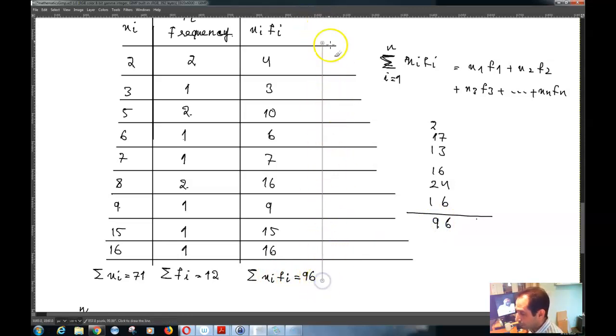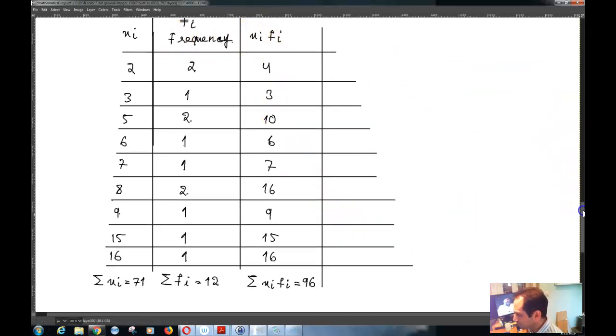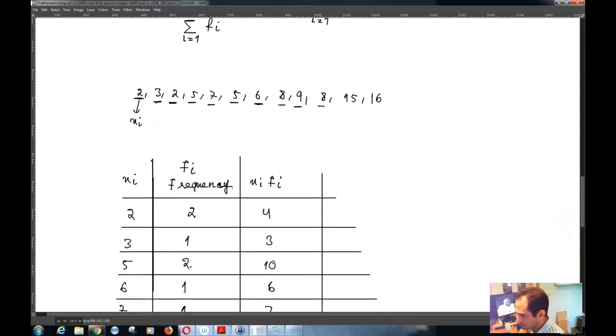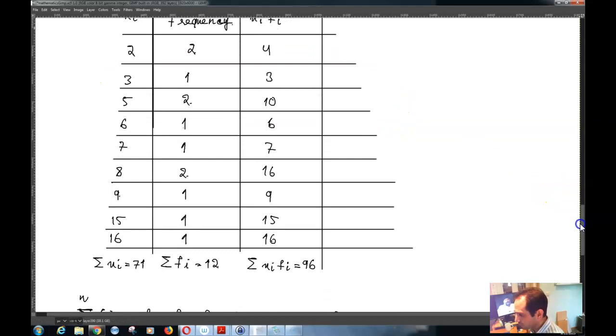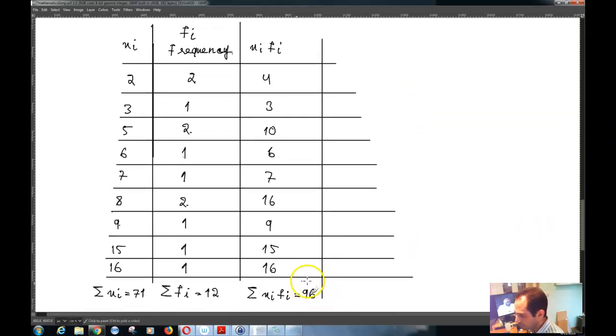Now, again, in order to find the mean of these numbers, what I need to do is this: this is now essentially and officially the sum of all of these numbers together. So the sum of all of these numbers together happened to be 96.